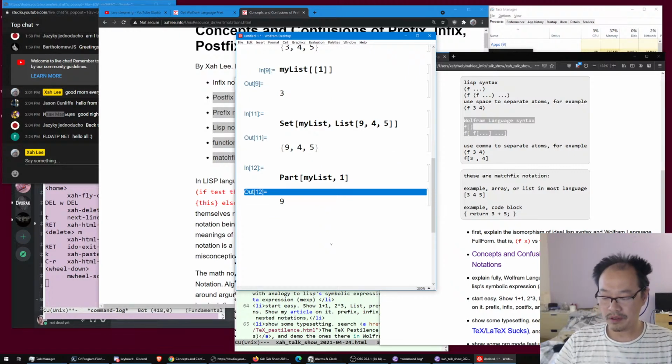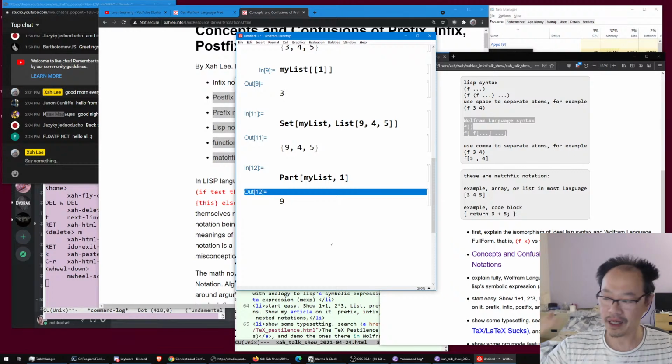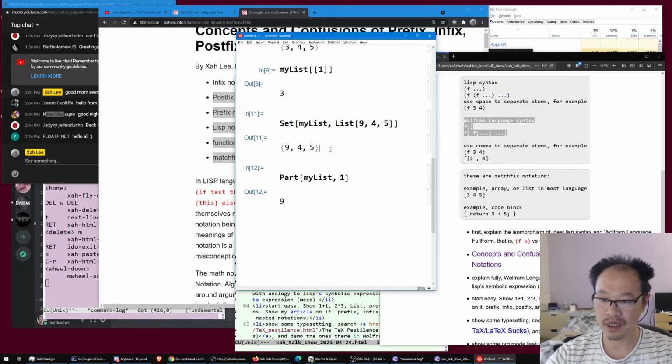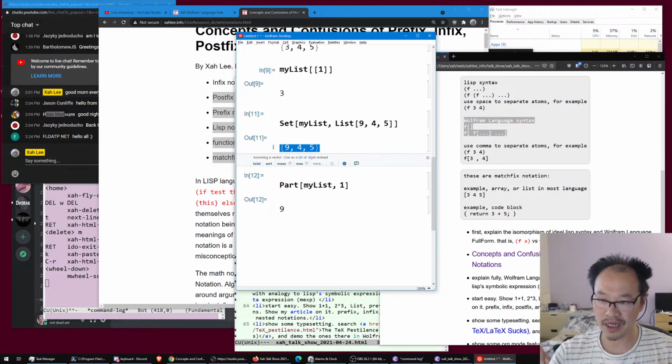So let me emphasize again. In Mathematica, the Wolfram language syntax is purely, 100% fully nested brackets, isomorphic to Lisp. However, Mathematica has a systematic layer of shortcuts, of sugar syntax. So instead of writing List every time, you can just use curly brackets.